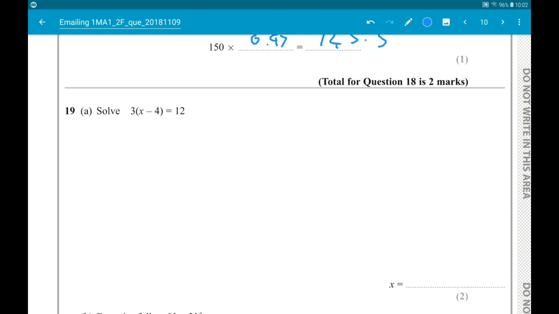To cancel that out then, we divide both sides by 3, so we get x minus 4 is equal to 4. And then we need to add 4 to both sides, so we get x is equal to 8.